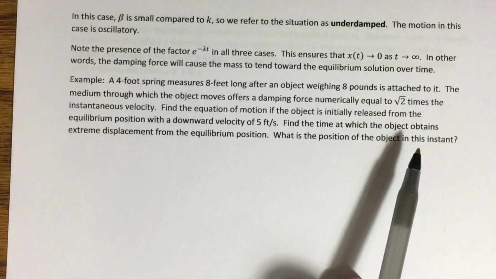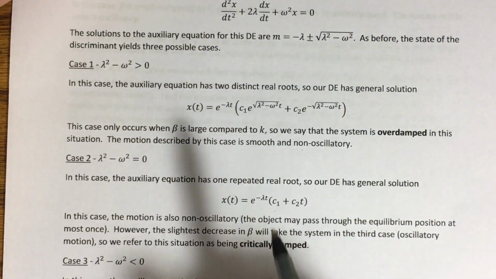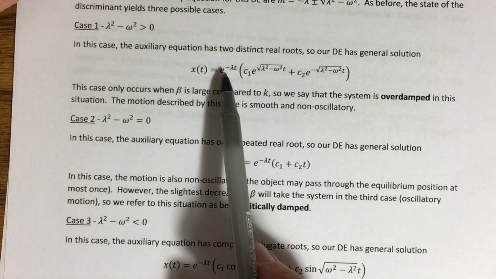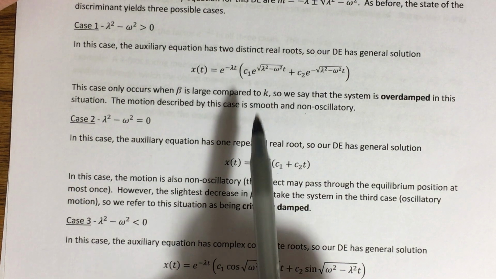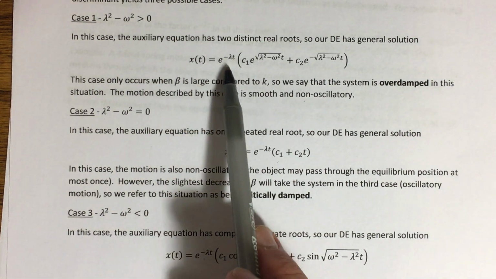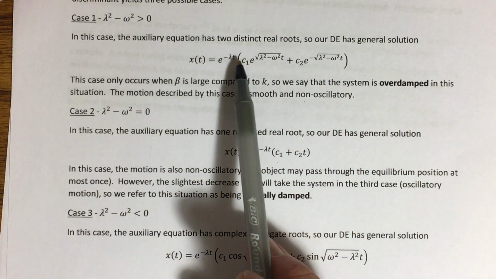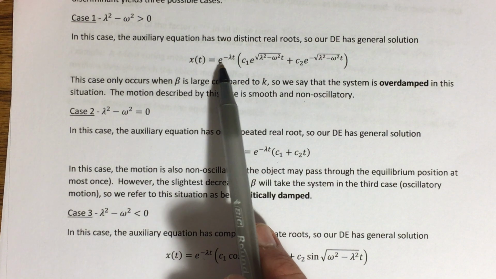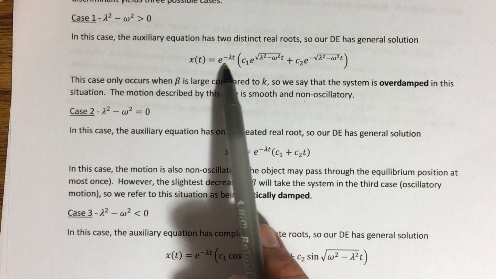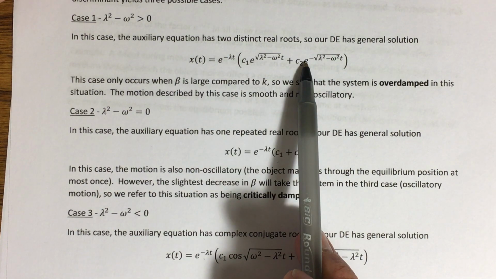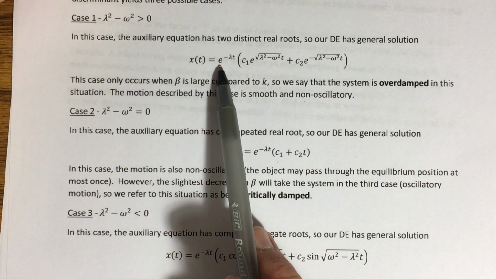One thing that's important to point out, I talk about it in this sentence here, but I'm going to go back to my cases. All three of these solutions have this factor of e to the negative lambda t showing up out here. Lambda is a positive number, so negative lambda would be negative. What that means is that as t tends towards infinity, as time passes, this term gets very, very small and shrinks the output of this function down, tending towards 0.